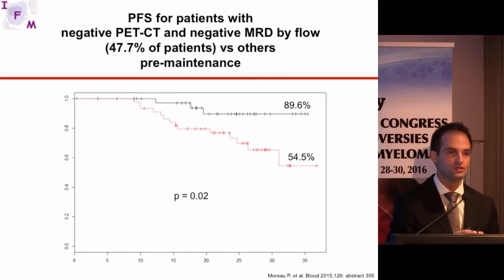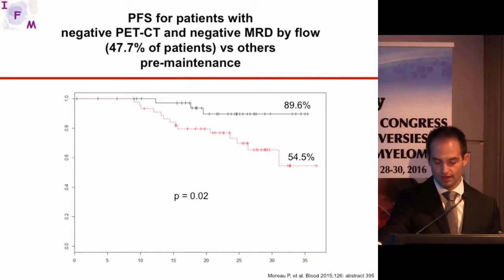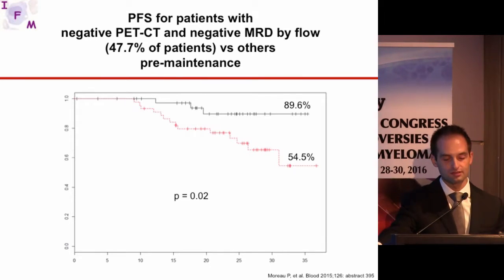The second would be to complement cellular techniques with imaging techniques. And here I refer to the data again from the IFM. Dr. Moreau has shown last year in ASH that patients with a negative PET-CT and a negative MRD by flow after therapy have a projected 3-year PFS rate of approximately 90%.